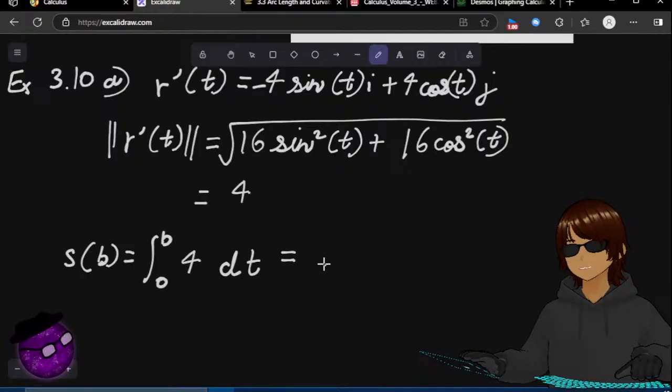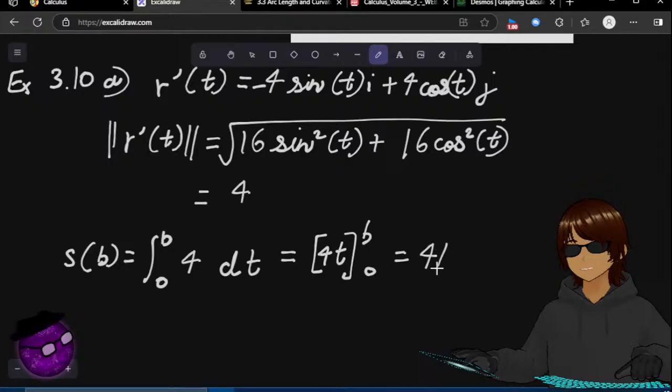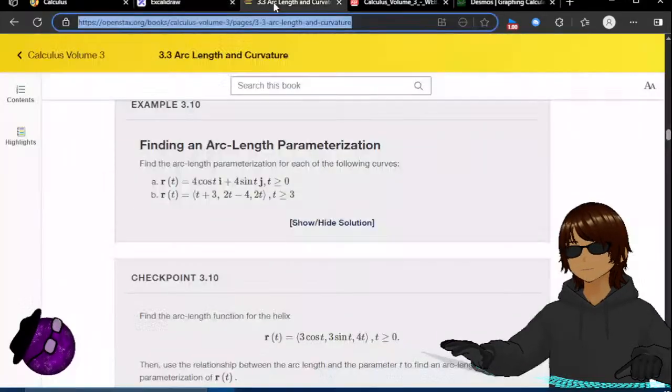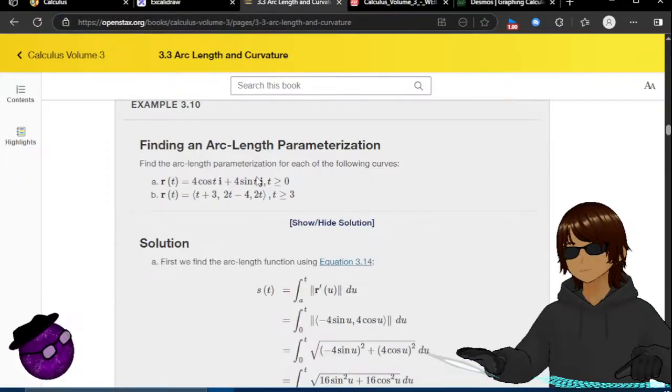The integral of 4 dt from 0 to t, which is 4t. And then, yeah, that's the arc length.